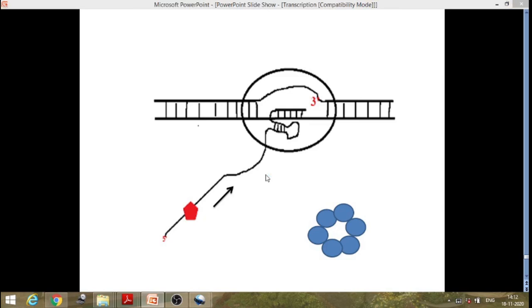The rho dependent termination mechanism requires ATP hydrolysis, unlike the rho independent mechanism, which does not require ATP hydrolysis but is a kind of physical disruption.